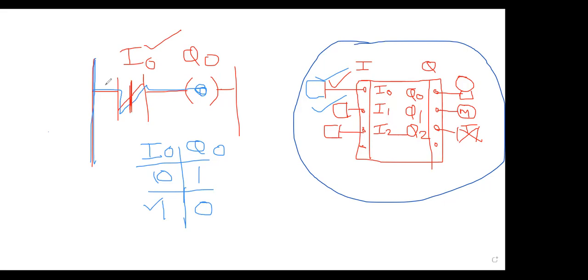As NC will break the path, main supply will stop here and your Q0 will be off. I hope you understand. So this thing you remember, NO on, it will conduct. NC on, it will break. That is it.